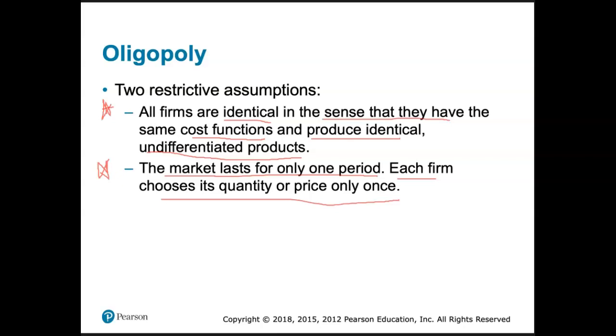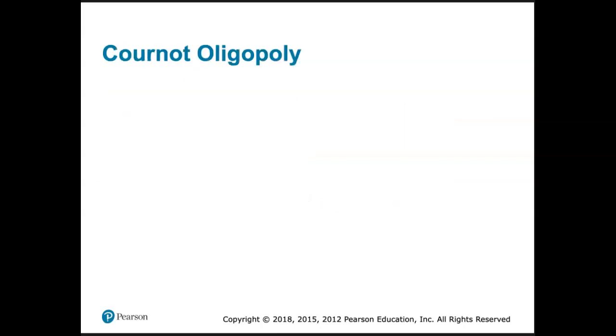To understand the equilibrium outcome of a duopoly or a Cournot oligopoly, we need to understand how equilibrium works in an oligopoly first and foremost. Remember that under the Cournot oligopoly, firms will simultaneously choose their outputs without any form of collusion.